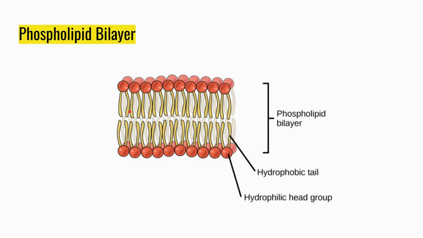And here we see hydrophilic head group and hydrophobic tail. So the head, the little ball here, is a phosphate head, and it is hydrophilic, so it's attracted to water. And then we have the fatty acid tails of a phospholipid, and they are hydrophobic, which means they dislike water and want to get away from it as fast as possible.